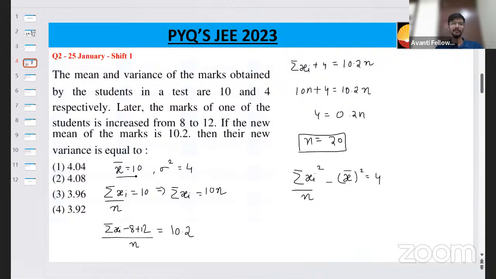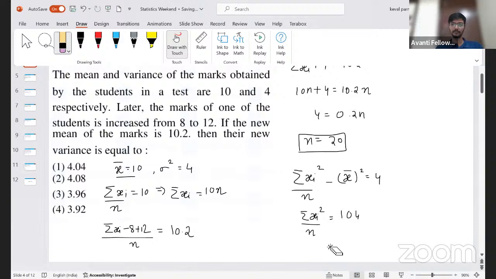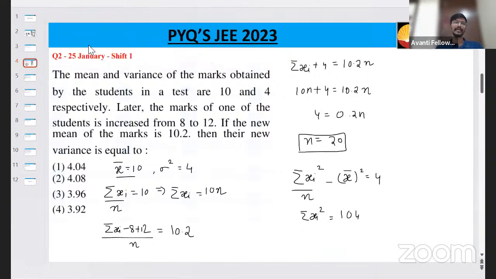What is x bar earlier? 10. So this will be summation xi square upon n minus 100, equals 4. This is equals to 104. So we get summation xi square equals to 104 into n.